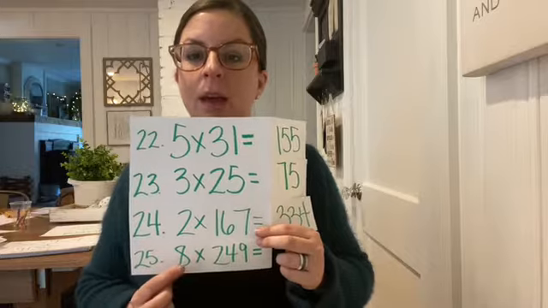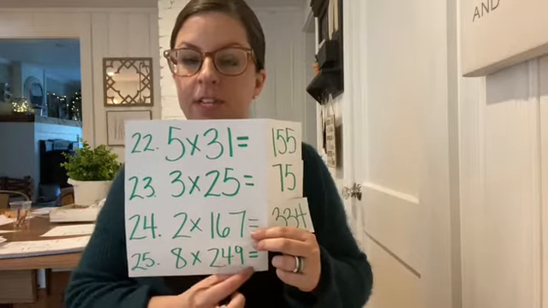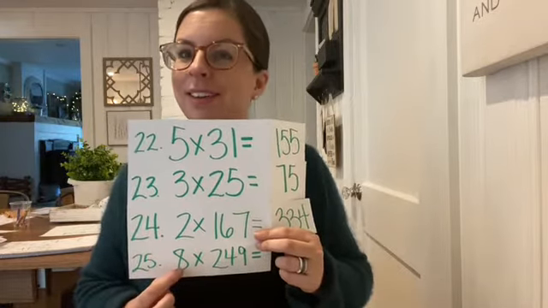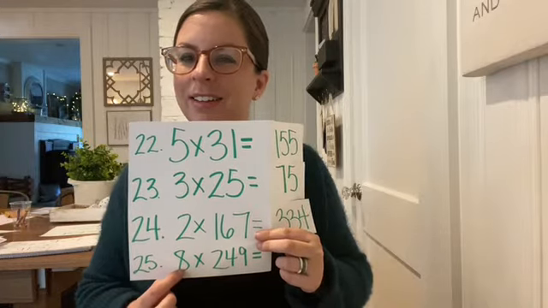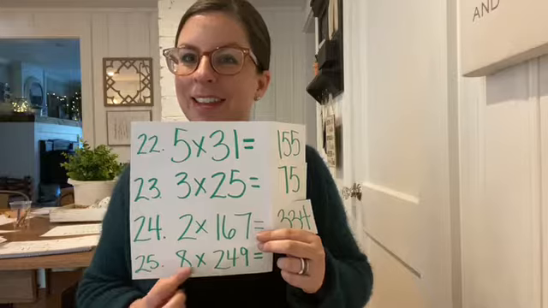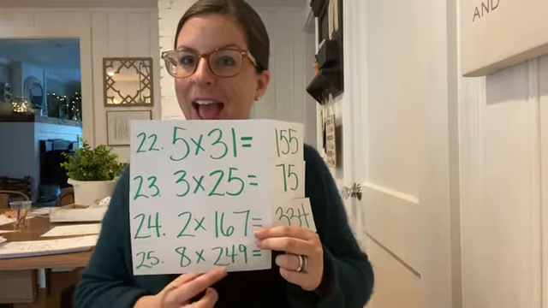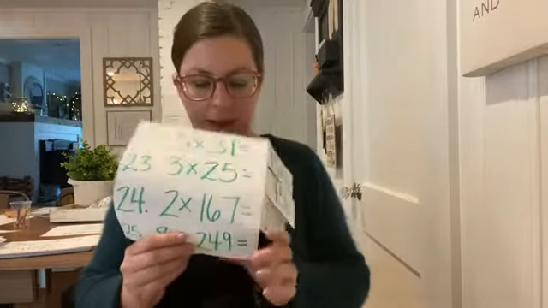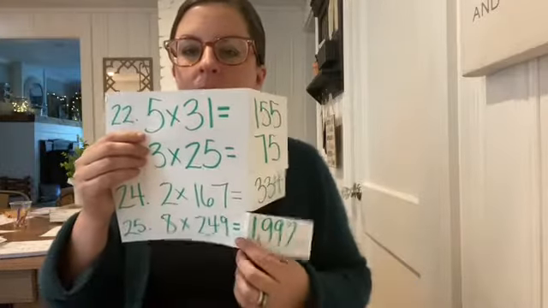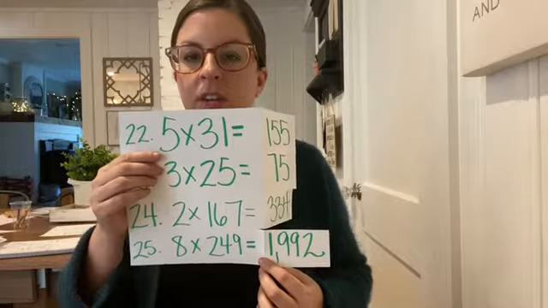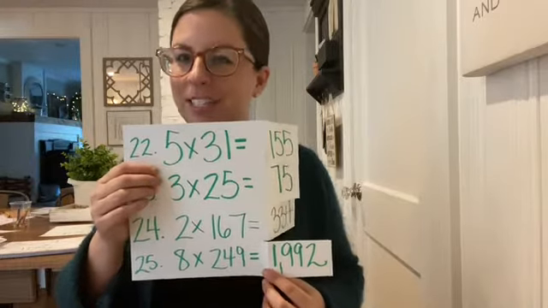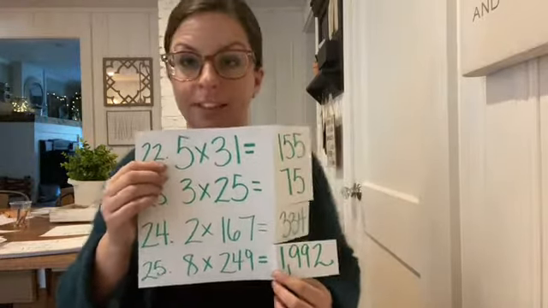So 8 times 250 would be 2,000. So what is it actually? 1,992. That was a good year. I was in 8th grade.